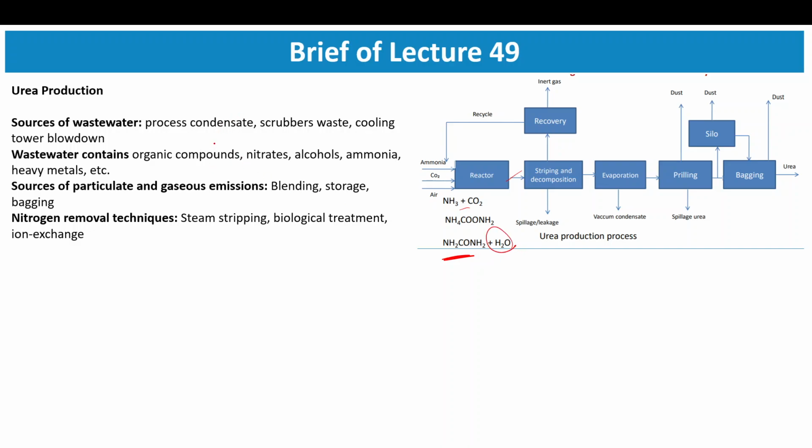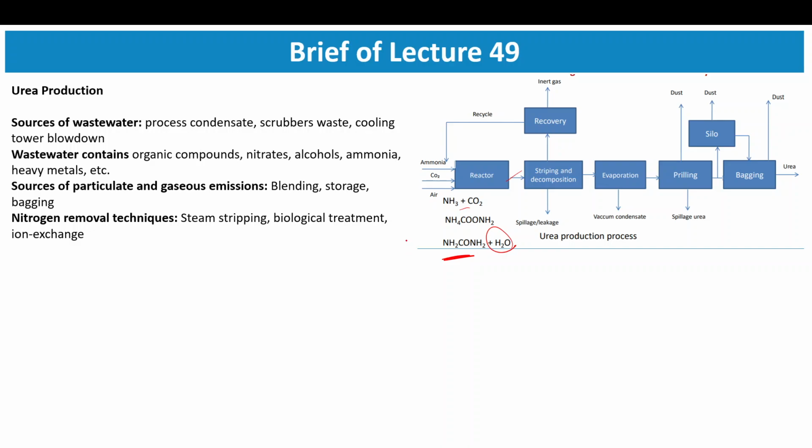So the sources of wastewater will be the process wastewater, the condensate which is formed, and the scrubber used during the stripping process. The waste generated from scrubbers, and heat exchangers are also used, which generate cooling tower blowdown wastewater, right. The major content of this wastewater would be organic compounds, because of side reactions.